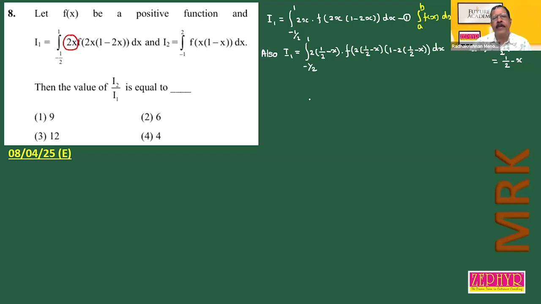Now I am simplifying it. So which is equal to the integral from minus 1 by 2 to 1. 2 into 1 by 2 minus x: 2 into 1 by 2 is 1. It is nothing but 1 minus 2x. Again, here also 2 into 1 by 2 minus x will be 1 minus 2x.